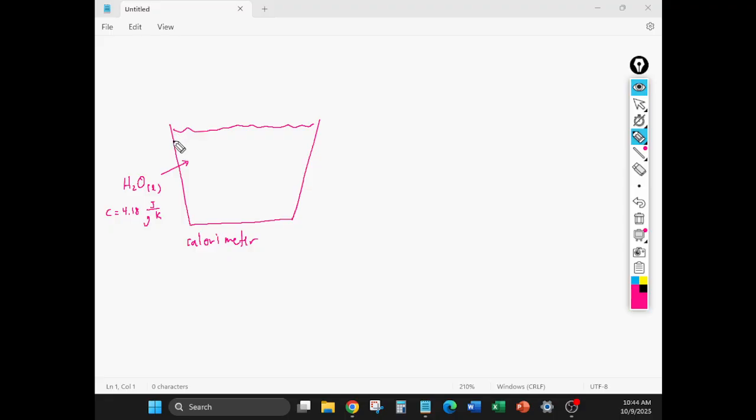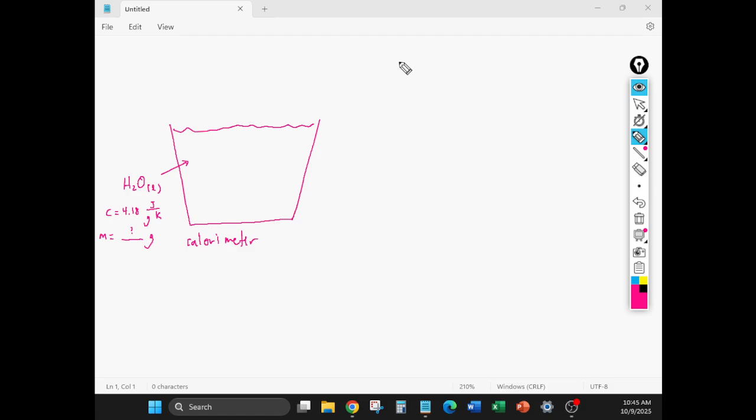So what you do in coffee cup calorimetry is you fill it with water and you just record the mass of the water. Okay, so whatever the mass of the water is, we record that. And then the point of this is you're going to be finding how much heat is transferred by the object that you put in there into the water, and that allows you to calculate the heat transfer.